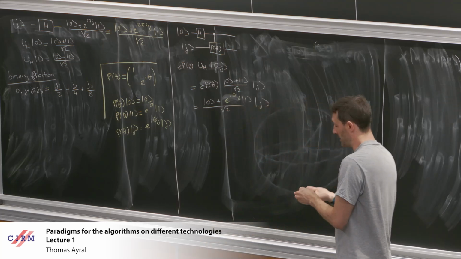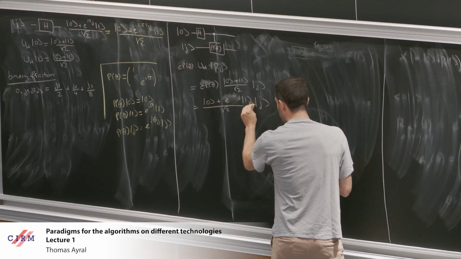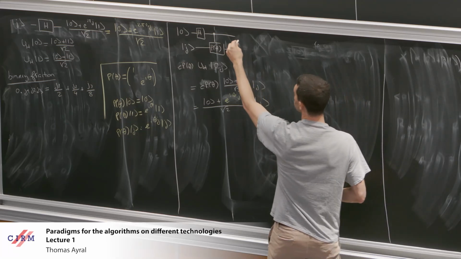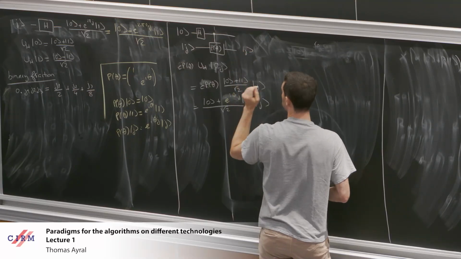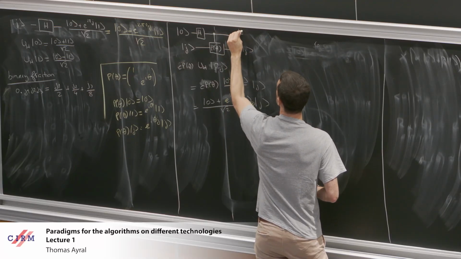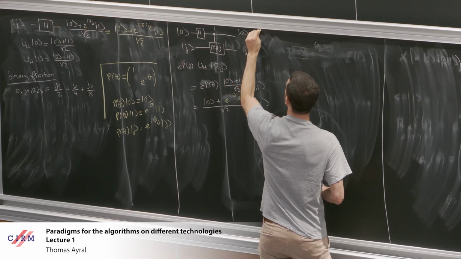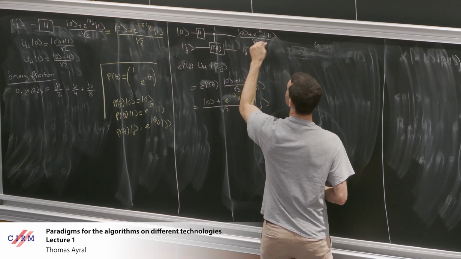It's separable, right? I didn't write it, but I could write here that it's tensor j. That's why I'm going to write the result on the circuit here: here I have j, and here I now have a state which is 0 plus exponential of i theta j times 1, over square root 2.